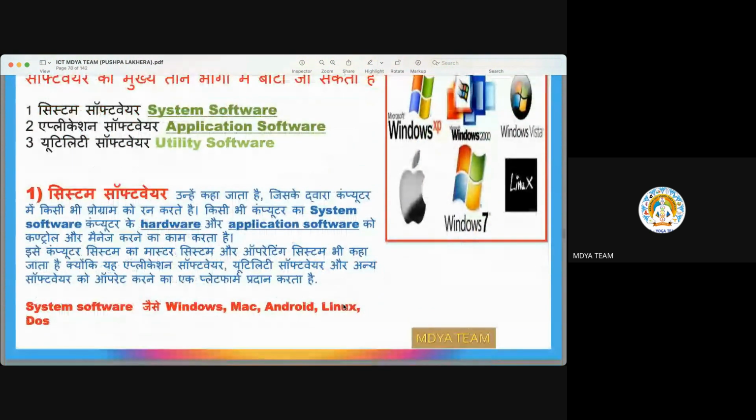So let's see system software. It is the communication between you and the system, the hardware. How to apply your need, your requirement, to the system, how to communicate with the system. That needs system software, which is a link between the hardware and application software to manage all those things.